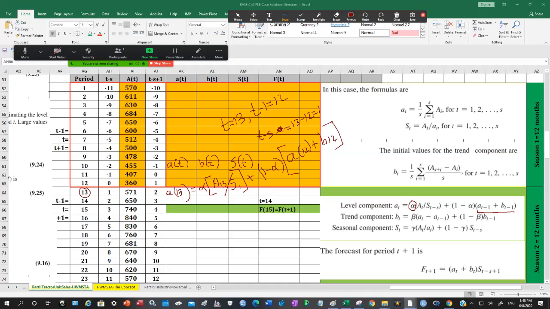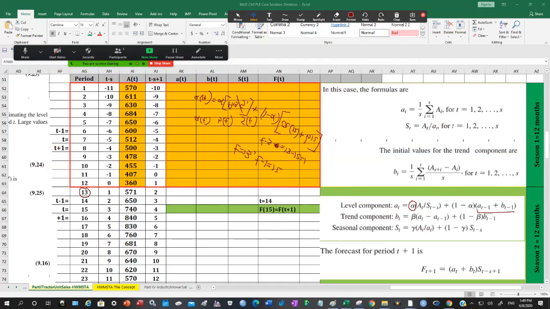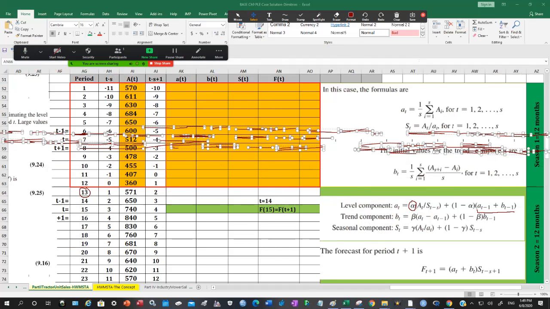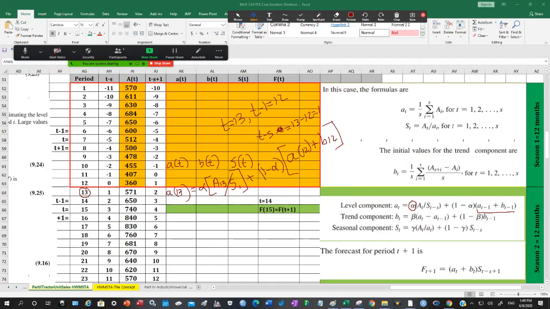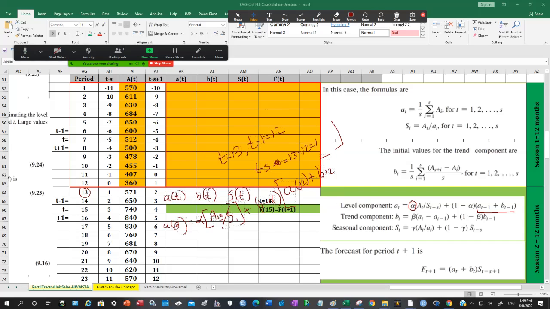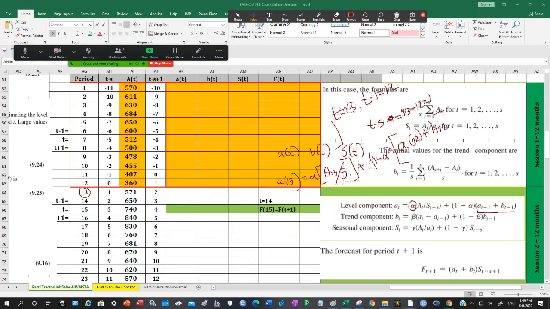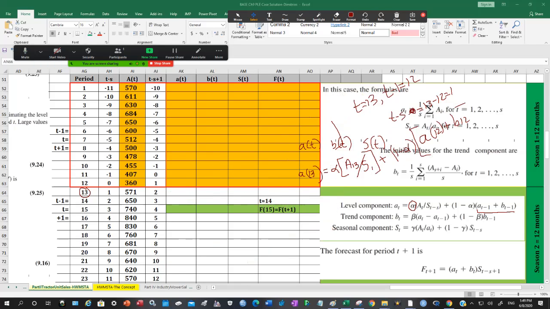So if I grab all of this and move it out of the way, I have it right here.